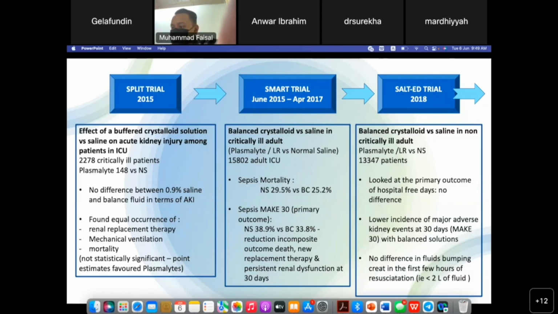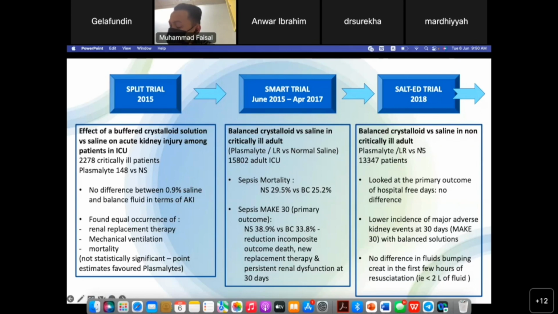Okay, and then into the SALT-ED study juga more than 13,000 patient, but this one study ni dekat non-critically ill patient as opposed to the previous SMART trial, which was in critically ill patient.